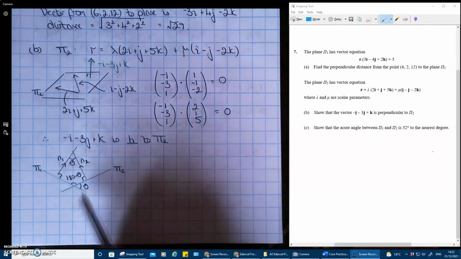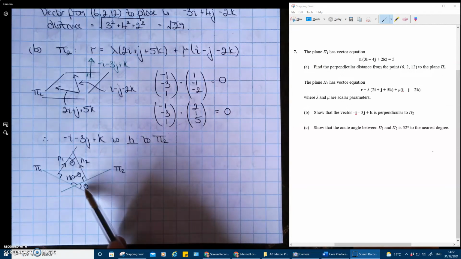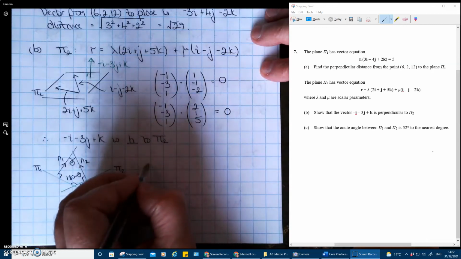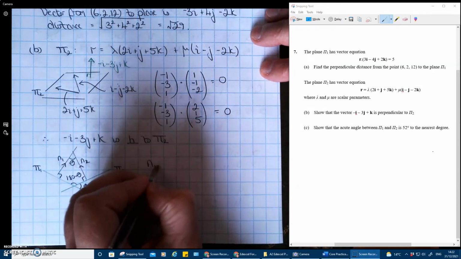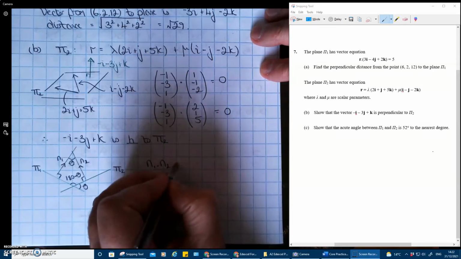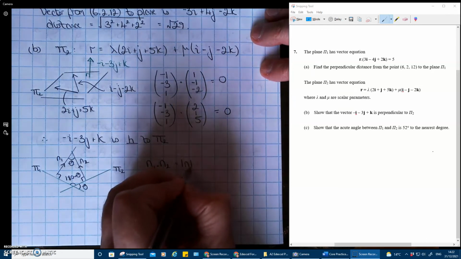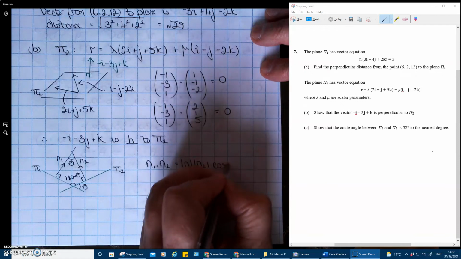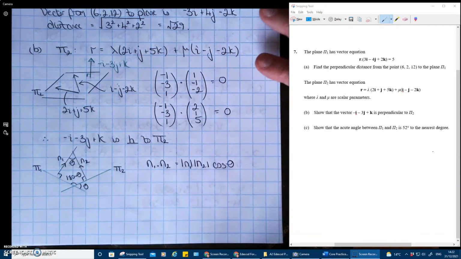Clearly, between two planes there is going to be an acute and obtuse angle. We want the acute angle. Okay, so I've got N1 dot N2 is the magnitude of N1 times the magnitude of N2 times the cosine of the angle between them.